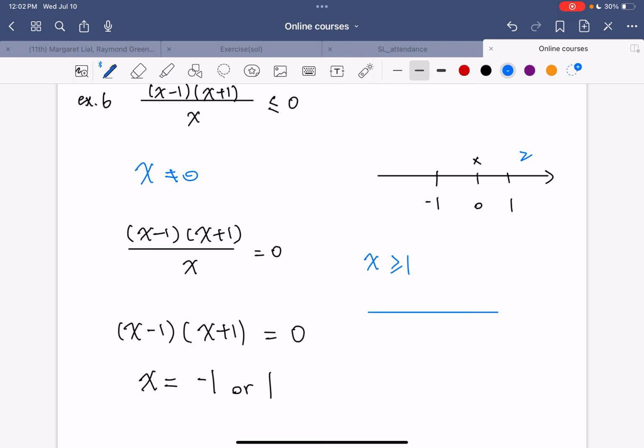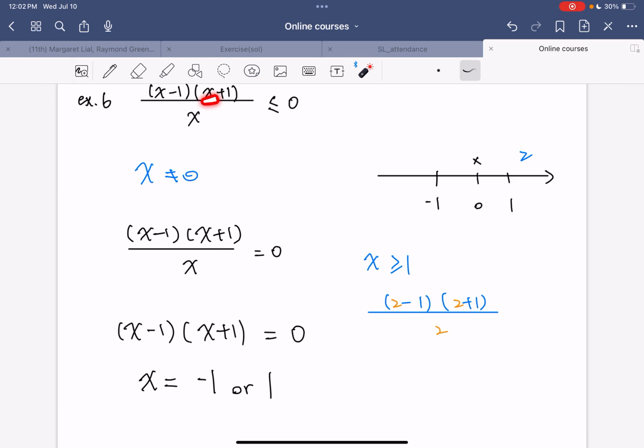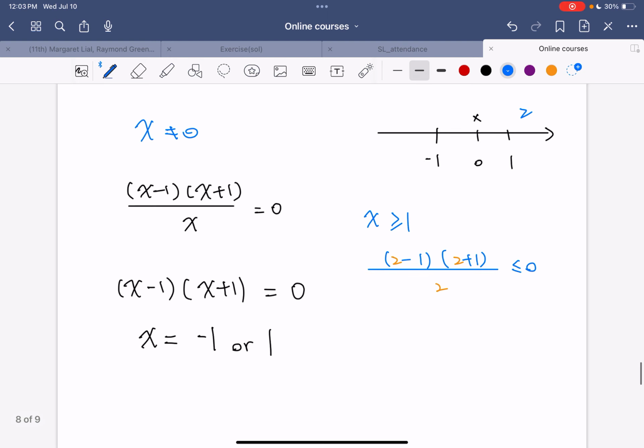So we got 2 minus 1, 2 plus 1, and here we use 2 to replace the x. Then we get 1 times 3 divided by 2, less or equal to 0.